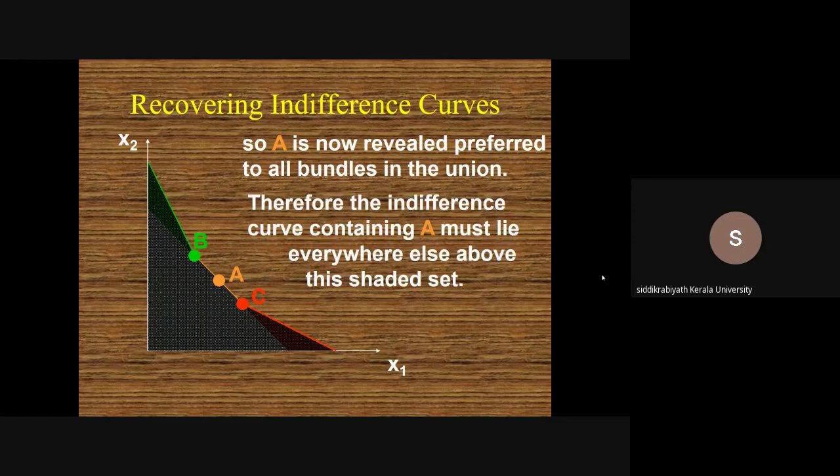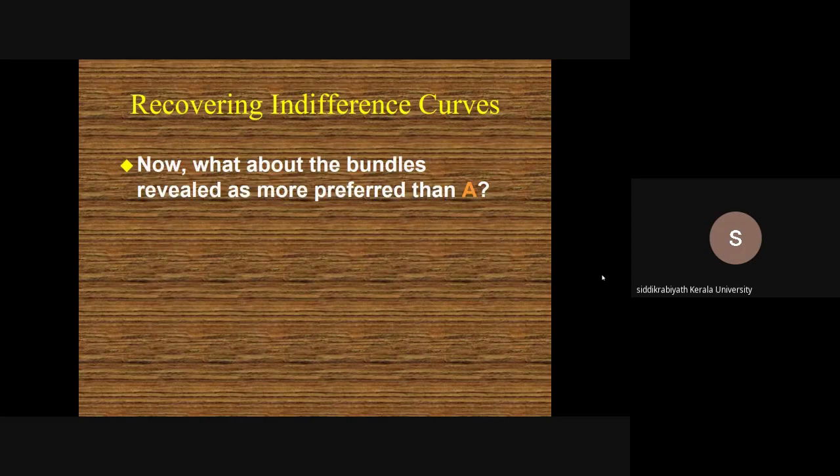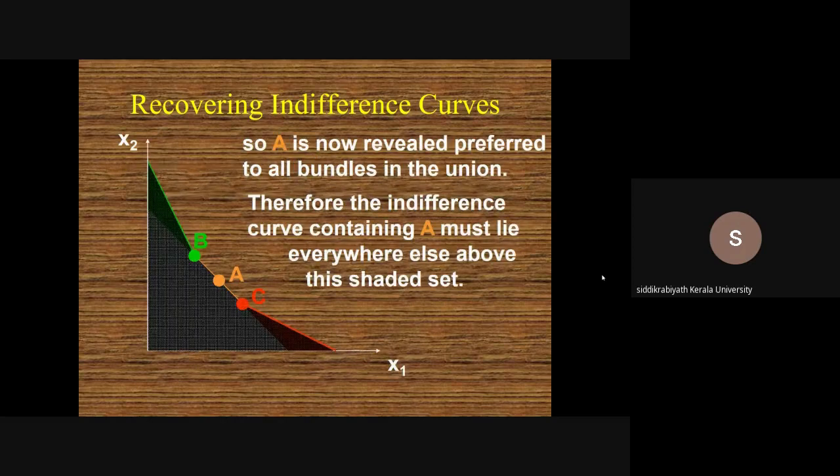Therefore, the indifference curve containing A must lie everywhere above this particular shaded set. Now, this makes a lower bound, which says that an indifference curve must be above these particular shaded areas of B, A, and C.